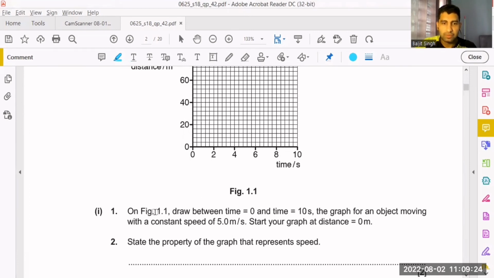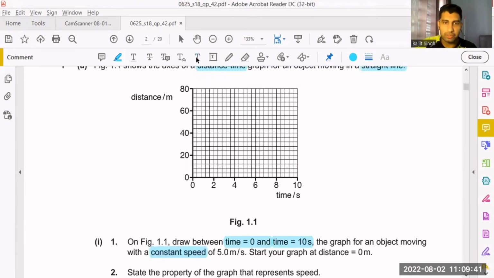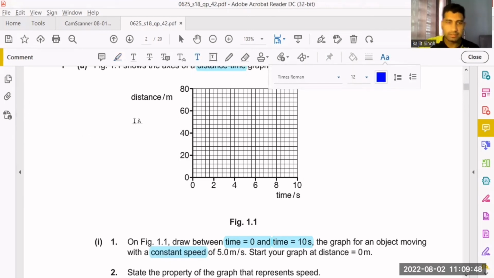On figure 1.1, draw between time 0 seconds and up to time 10 seconds, that means up to this time here, the graph of an object moving with constant speed. According to the theory, if you want a constant speed graph based on a distance-time graph, how do you calculate the speed?